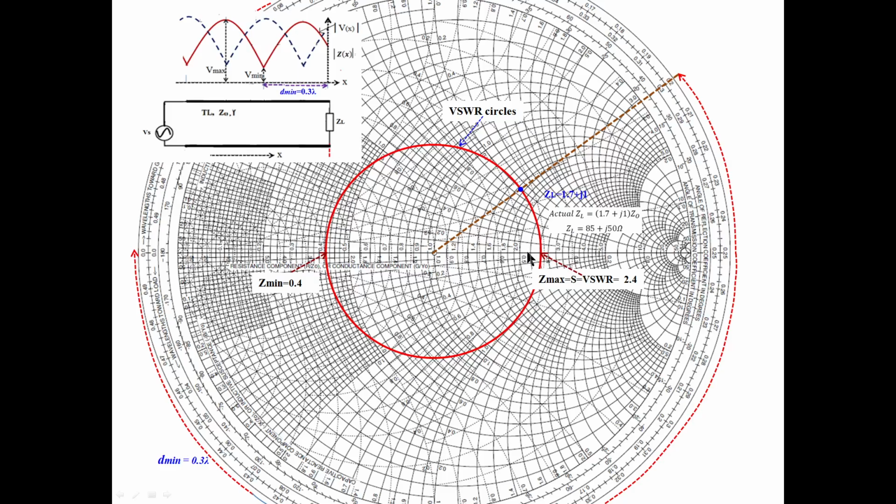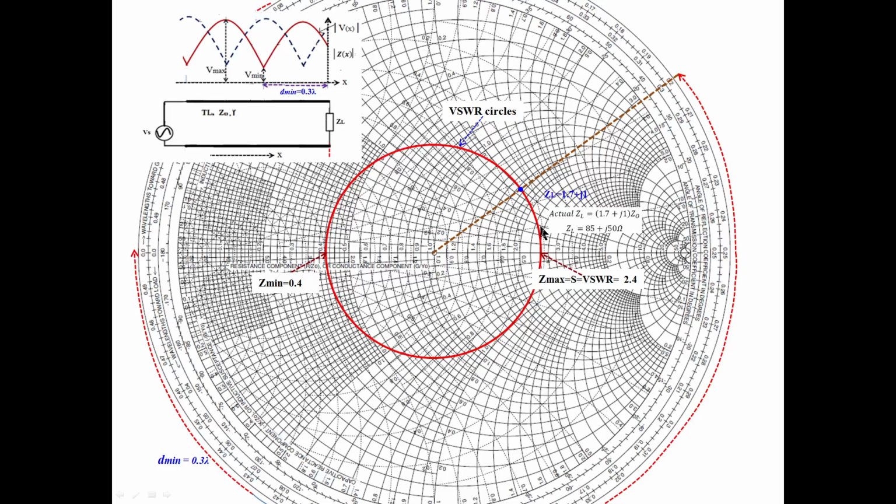So this is 2, this is 2.2, this is 2.4, because each division is 0.2 here. So you stop here. This is the point. Take the radius equal to this 2.4 and draw the circle. This is the VSWR circle.